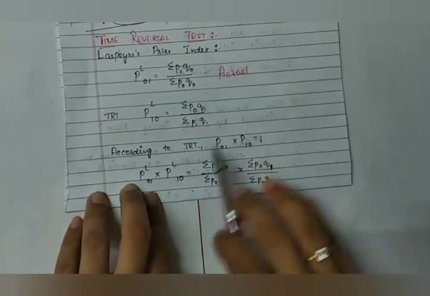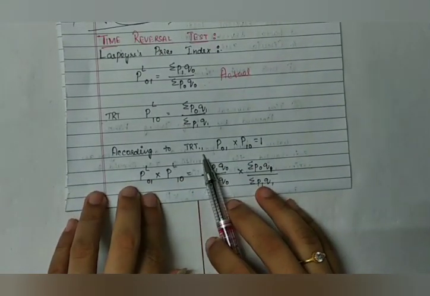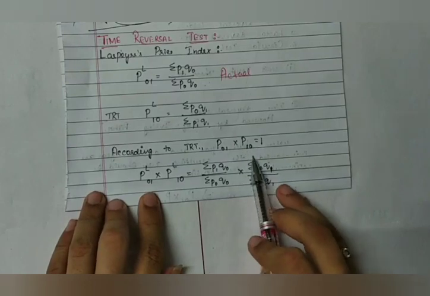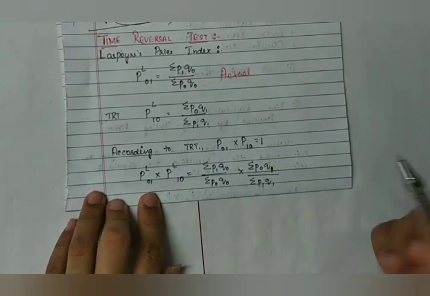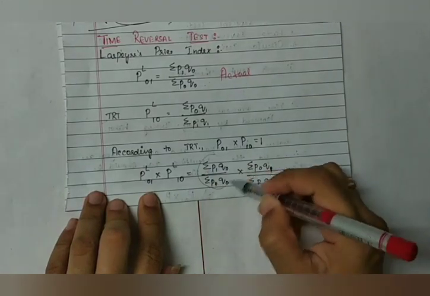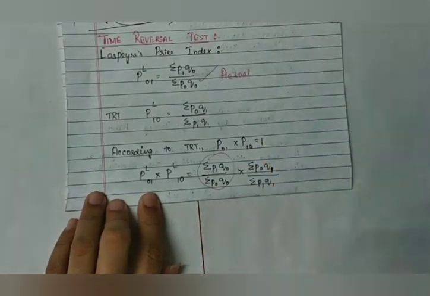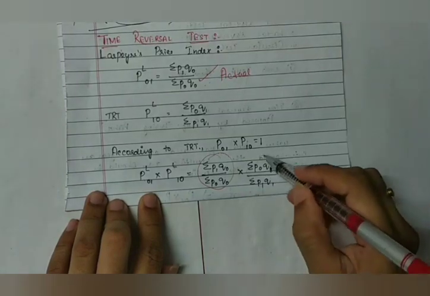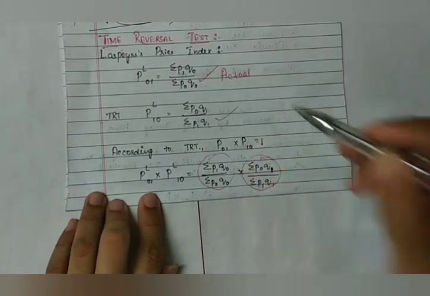So according to TRT, P01 into P10 should be 1, isn't it? So P01, that is the first formula, is our actual formula, and this is our TRT.